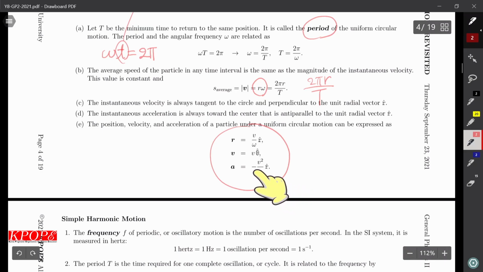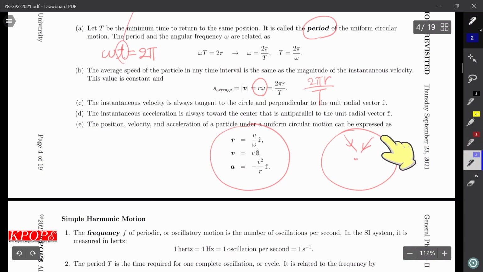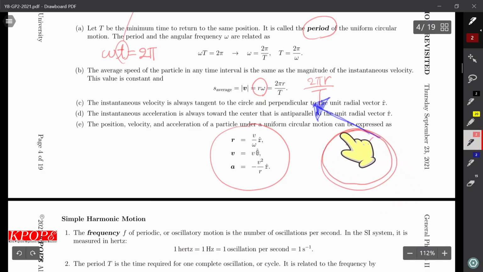And negative sign means the force is toward the center of the orbit. If there is no force, then the particle wants to go straight due to Newton's law of inertia. However, because of the centripetal force toward the center, it makes a circular motion.